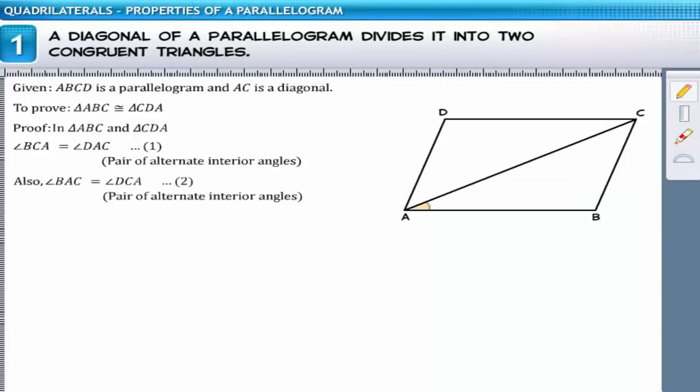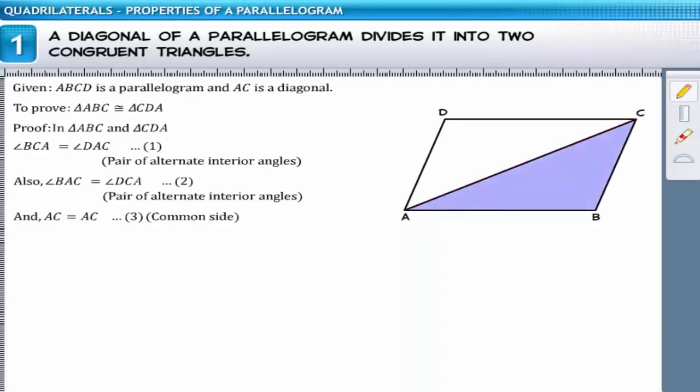Also, angle BAC is equal to angle DCA, since they form a pair of alternate interior angles, with AB parallel to DC and AC being a transversal. Side AC is common to both the triangles. Thus, from equations 1, 2, and 3, two angles and the included side of triangle ABC are equal to the corresponding two angles and the included side of triangle CDA.